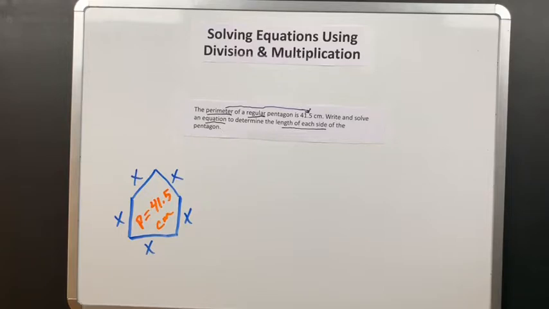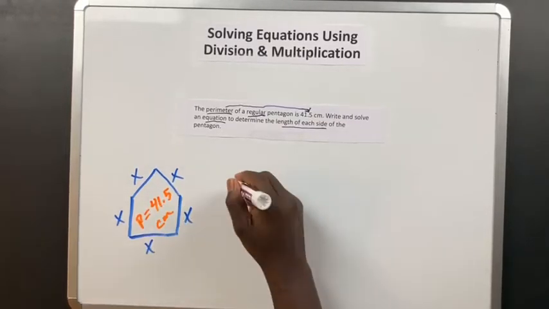Now, the strategy we want to use in addition to drawing a picture: whenever you're given a word problem, always try to write an equation that represents the information that's provided. So we know that the definition of perimeter is the sum of the side lengths.